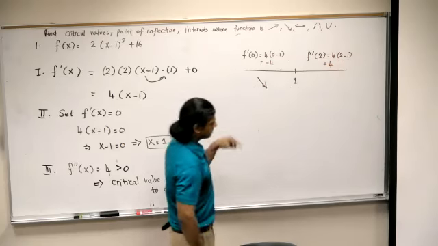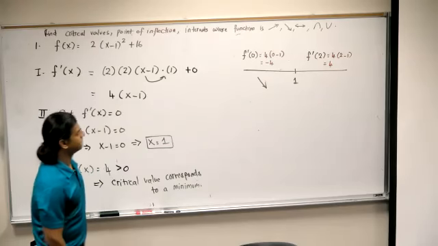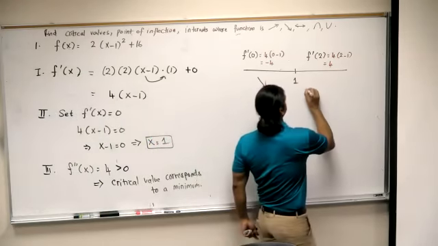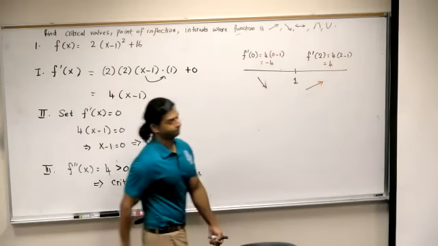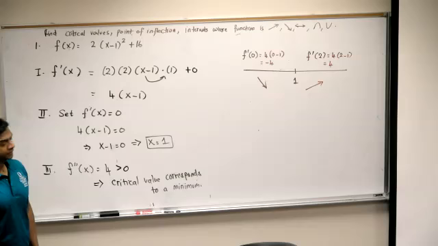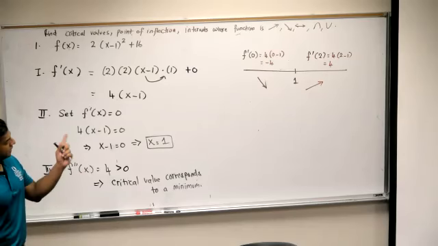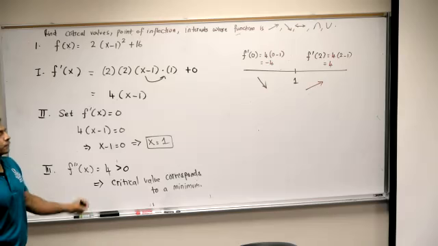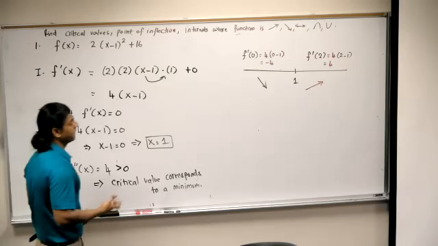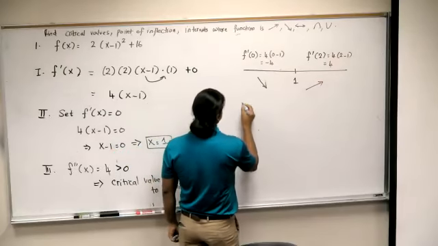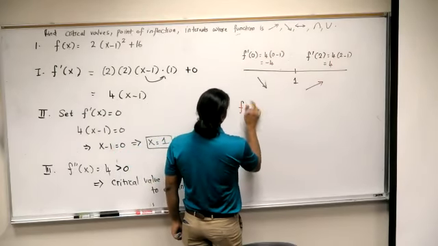Positive 4, bigger than 0, so increasing. Good. So I can write the intervals where the function is increasing or decreasing.